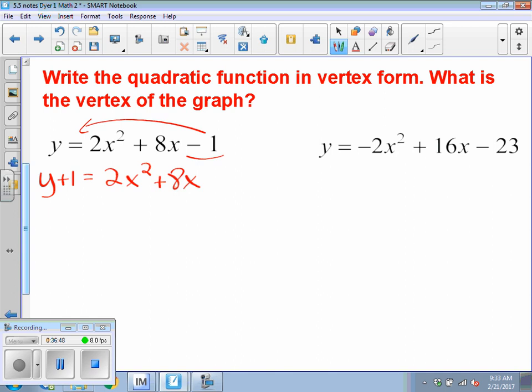Now, I have to fix this problem. I cannot complete that square. I can't find c until I have nothing in front of x squared. So this is what you do. You factor out, what's my greatest common factor here? Just number-wise, just 2. 2 is what we need to get rid of. So we're going to factor out a 2. So we have y plus 1 equals 2 times x squared plus 4x, right?